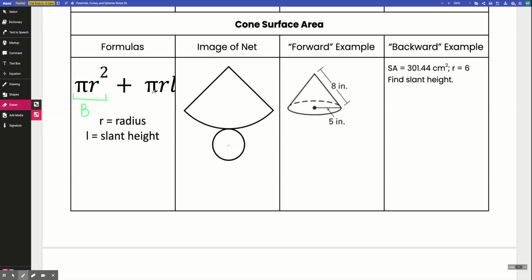Okay, and then the lateral area is the area of this kind of curved part, it's almost like just part of a circle. Okay, so this would be my lateral area right here. Okay, so on my net, obviously I have my radius here.